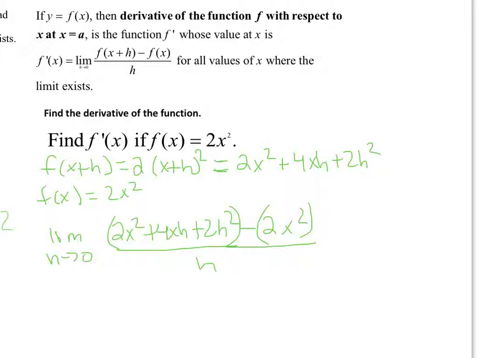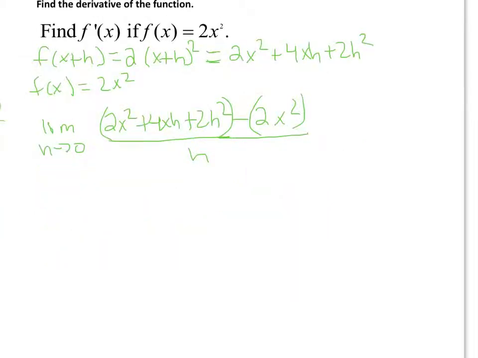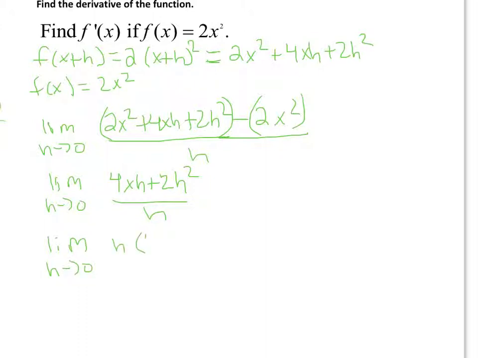And then that would equal the limit as h approaches 0 of 4xh plus 2h squared over h. We'll factor out the h. The limit as h approaches 0 of h times 4x plus 2h, over h.